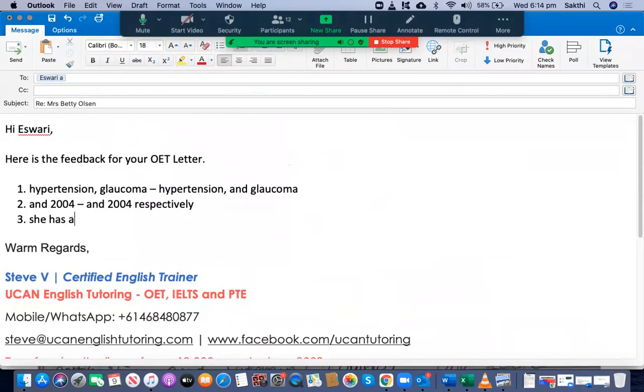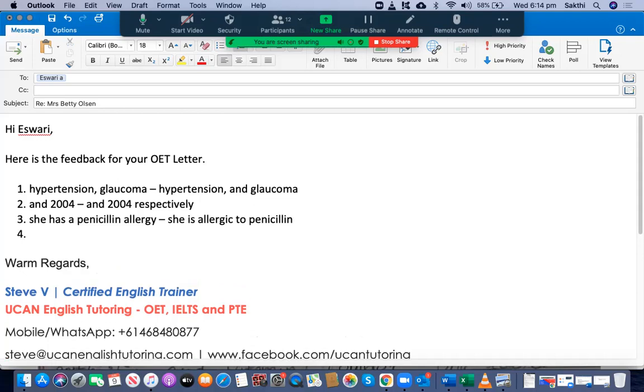So instead of "she has a penicillin allergy," you should say "she is allergic to penicillin." So you can write it down.